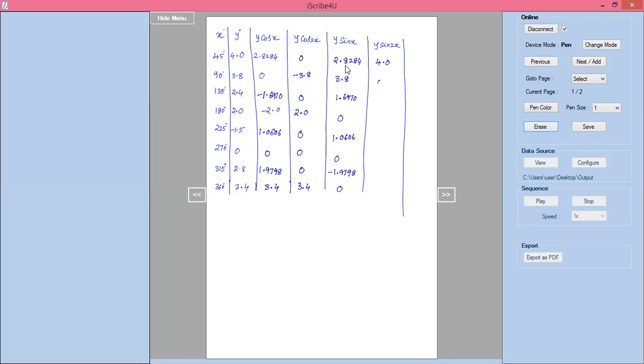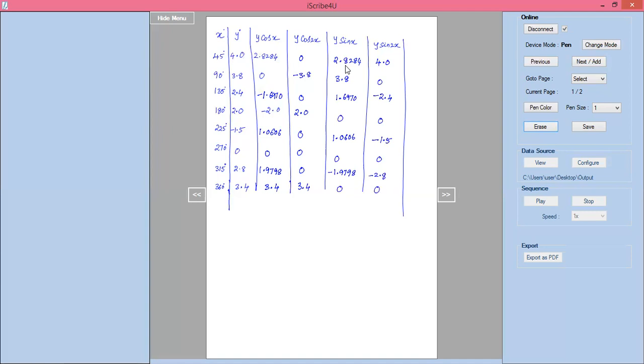Next one should be 0 minus 2.4. Next one should be 0 minus 1.5, 0. And next one should be 2.8 into sine of 315 degrees, minus 2.8. And next one should be 0.